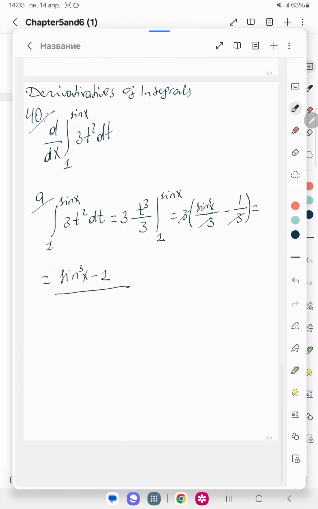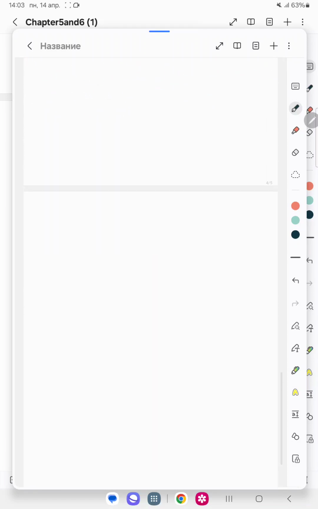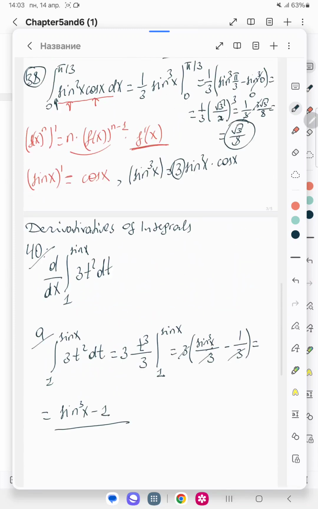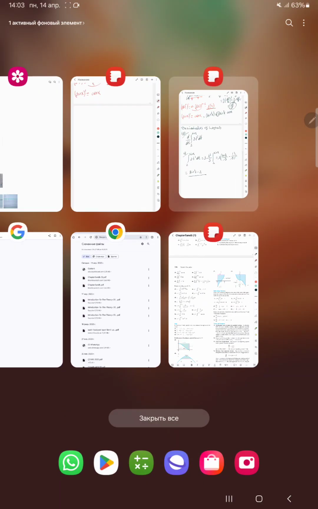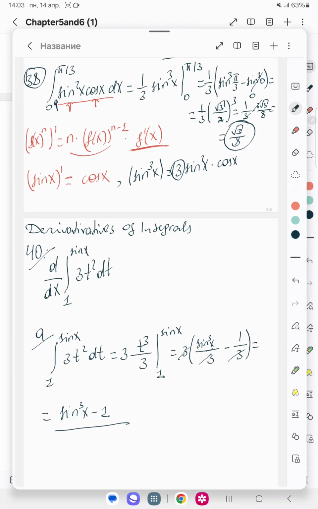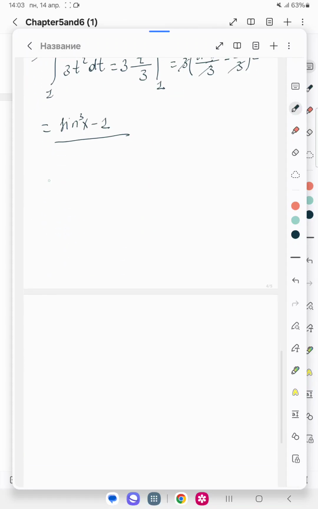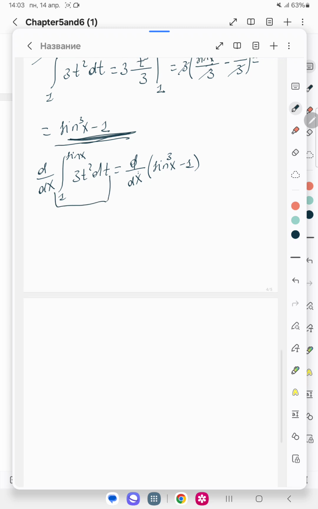We have to differentiate it, meaning d over dx of the integral from 1 to sine x of 3t squared dt equals d over dx of this function, sine cubed x minus 1, because we found this integral.